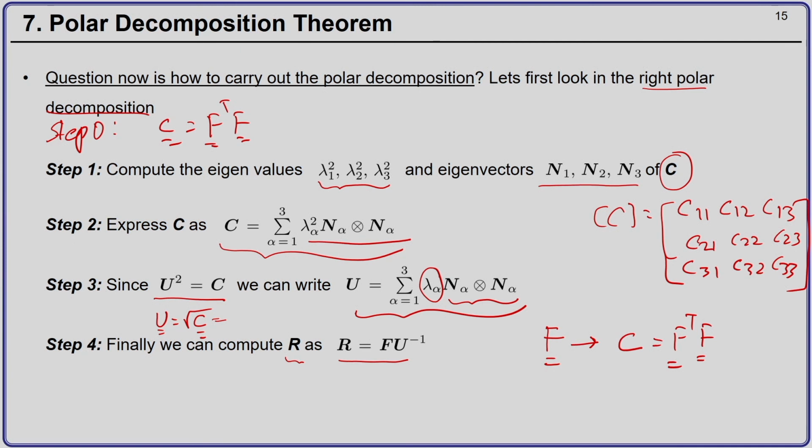So, you take the inverse of U and then post-multiply F with U inverse to get R. So, R can then be obtained.